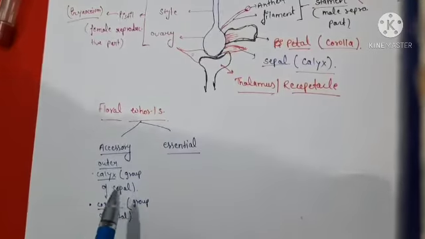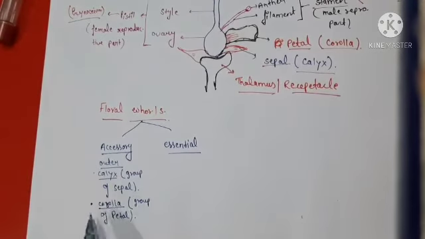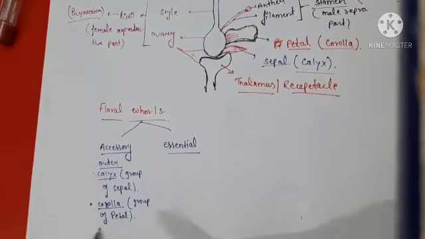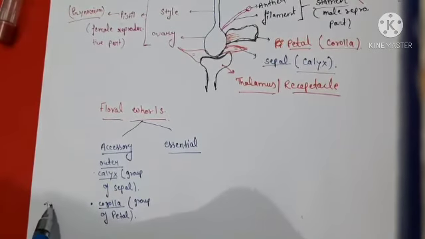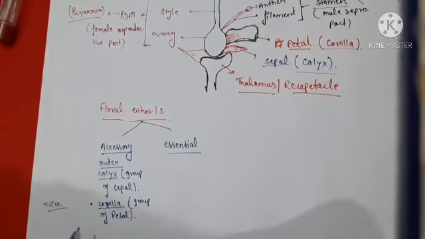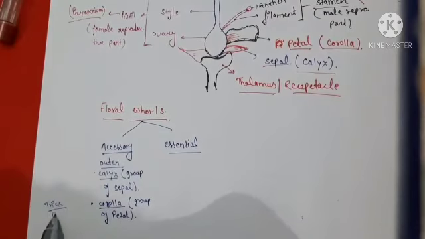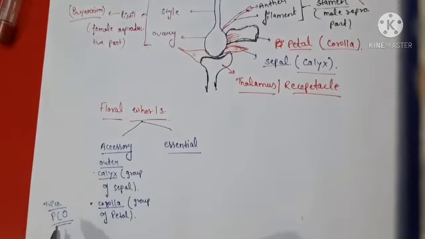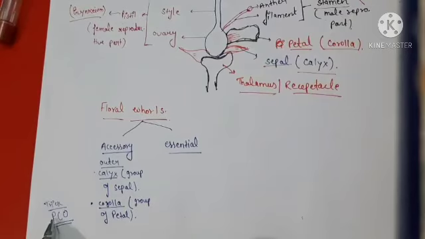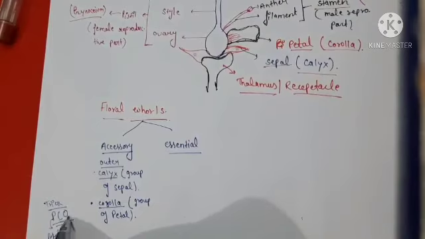Friends, it is very confusing, calyx, corolla. So you know the trick: PCO, public call office. P stands for petal and CO stands for corolla.